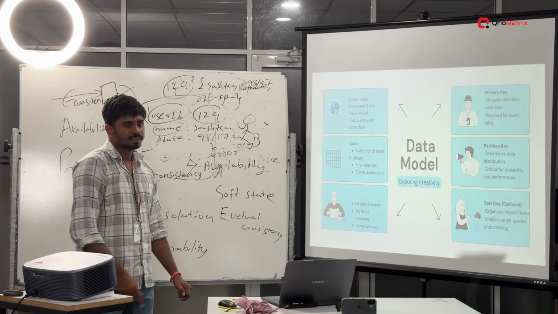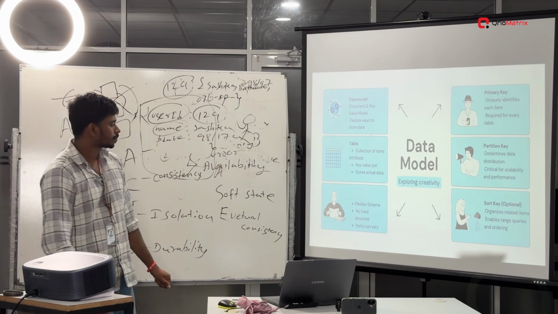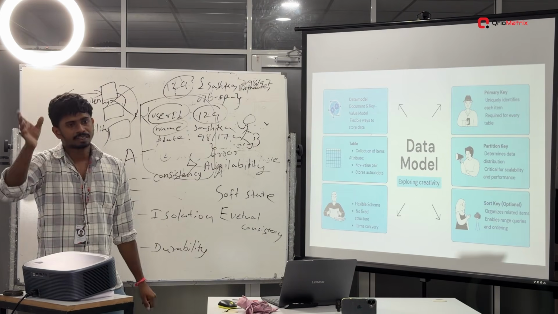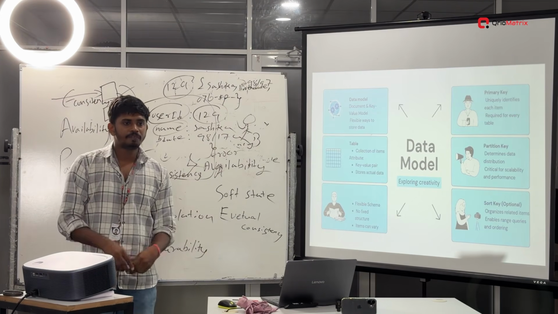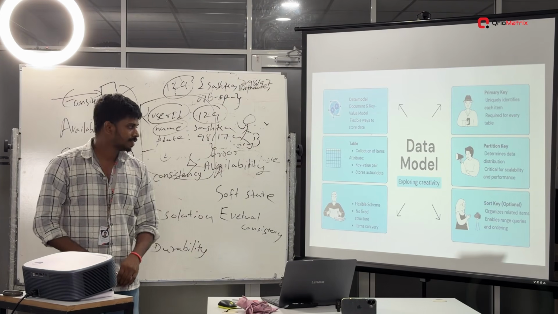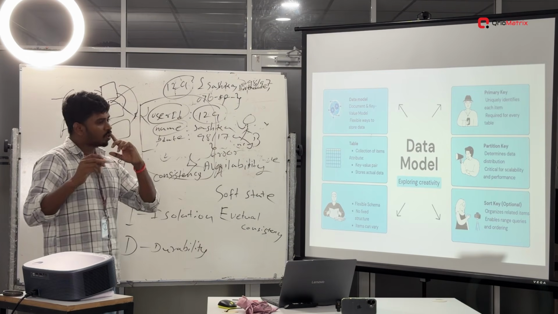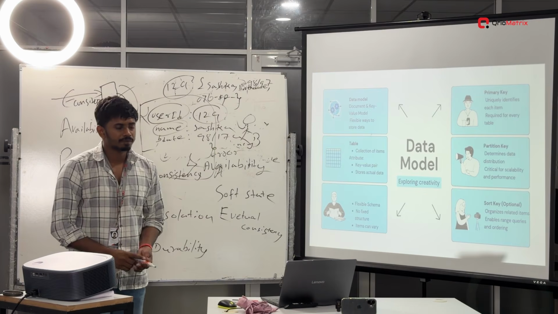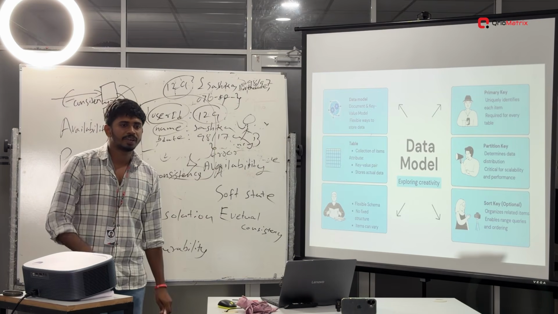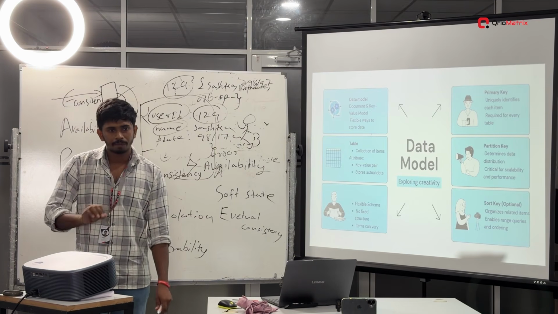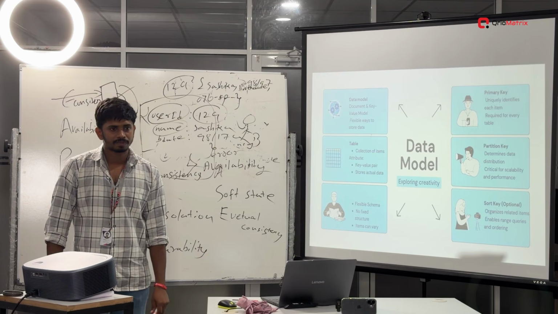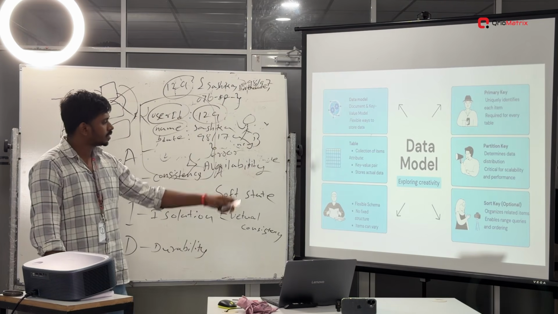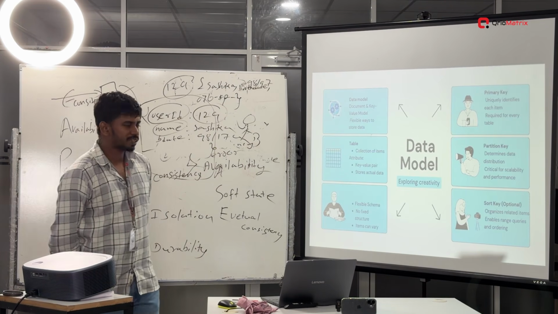It works like a B-tree index, so you can use it as a filter. As an example, think you have date time as the sort key. Think about a scenario where you are going to store product records, product data. In that case, you use date time as the sort key.